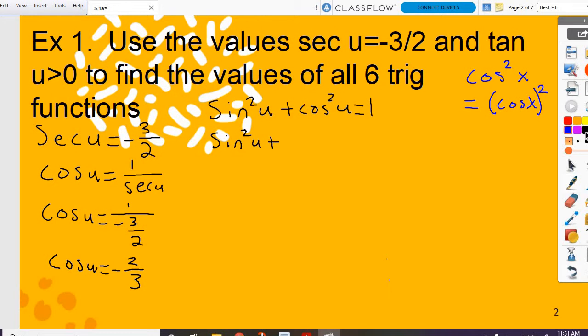So technically what we can do here is, because we know what cosine is, it's -2/3, we can plug that in and then square it. Because it's cosine and then squared. So what is -2/3 squared?